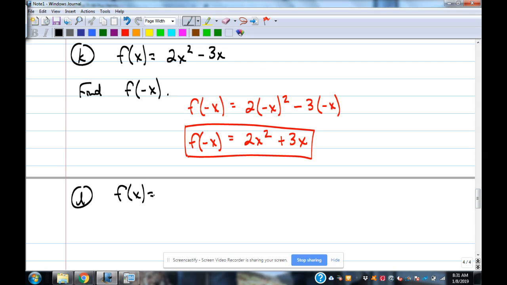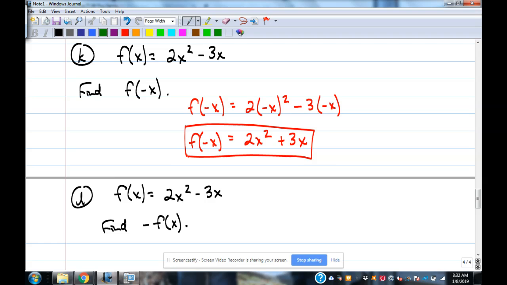So let's take the same function, just be boring here. Let's find negative f of x, which looks a lot like the same problem, but it's very different. What does that even mean? Don't overthink it.